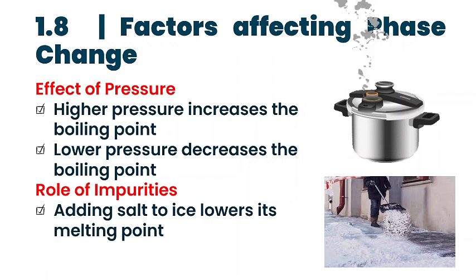For example, if you add salt to ice, it can lower its melting point, and that's why in places that experience heavy snowfall in cold places, one thing that they do in order to melt the ice quickly is to pour some salt directly onto the ice. This lowers the melting point and the ice will quickly change into liquid state.